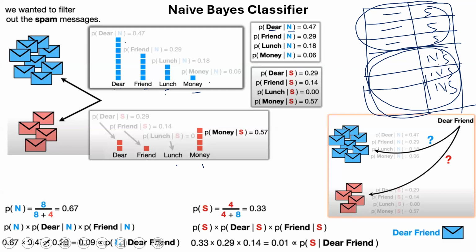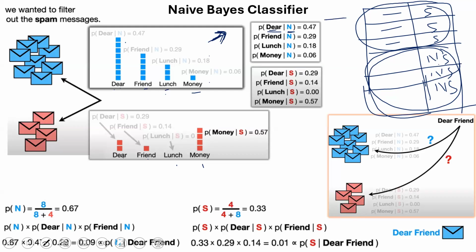In a normal message, you are restricting the data set or the points to only this space. So your space is getting constrained to this one, because you're already saying given a normal message, the probability of the word dear happening. So how do you calculate the probability?